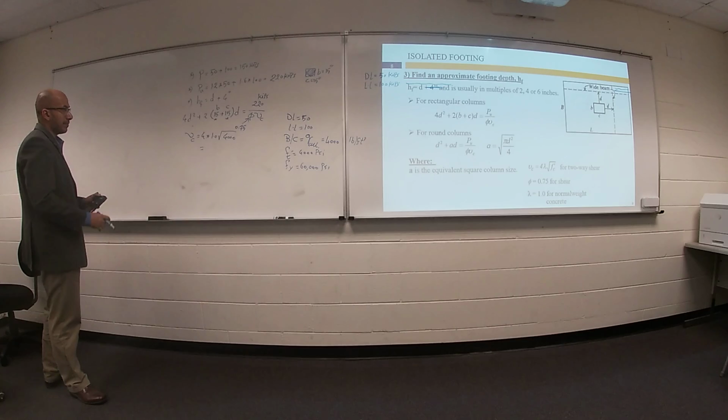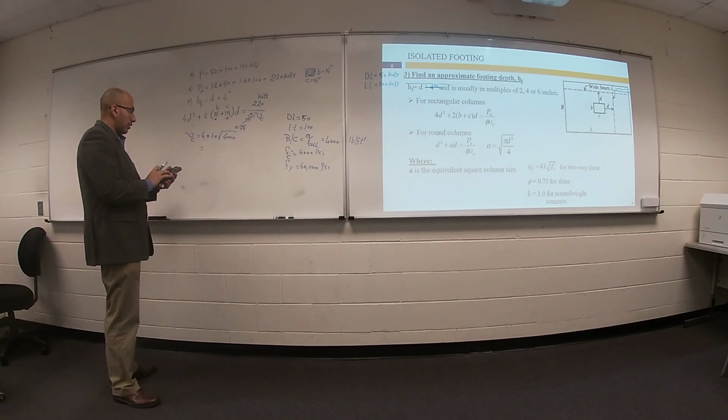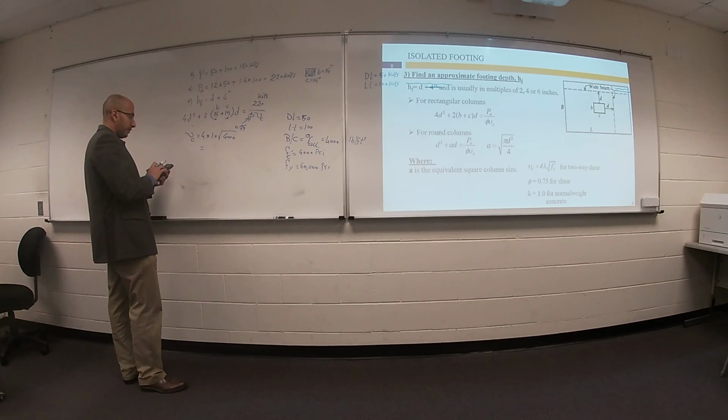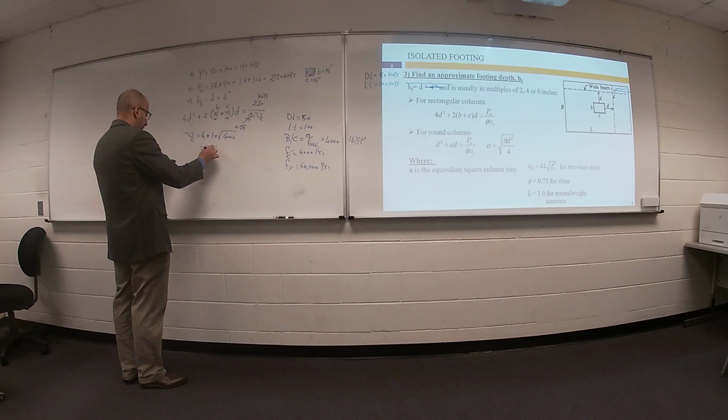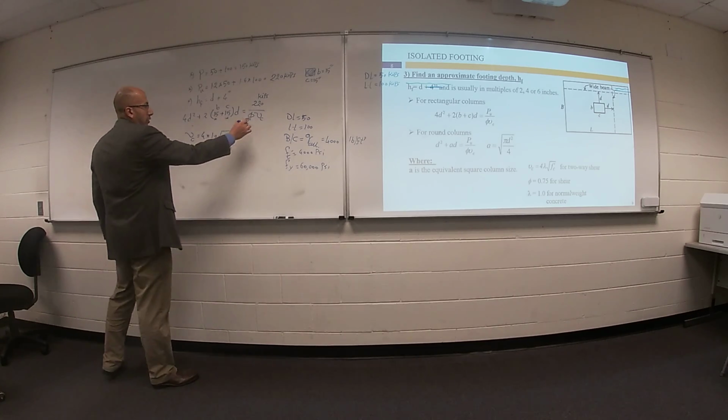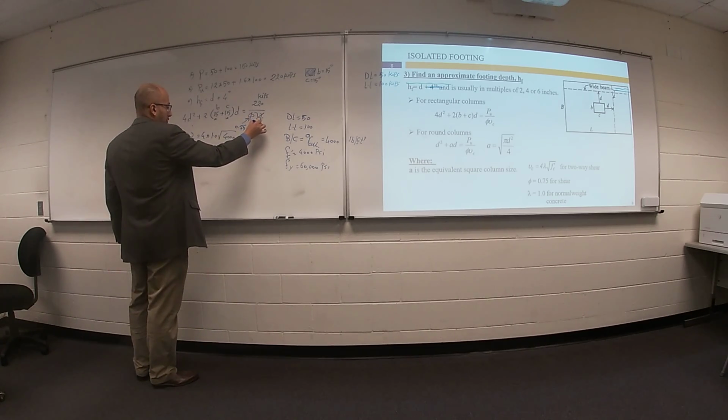We have a mistake here, be careful. 4 times the square root of 4000 equals 252.98. So I will put this number here, 252.98.